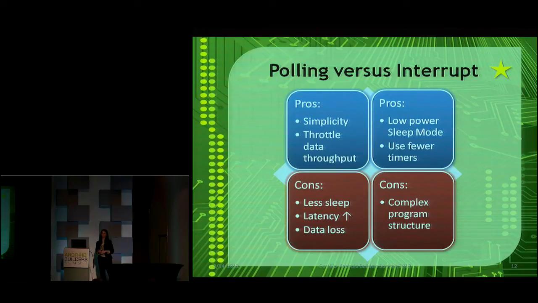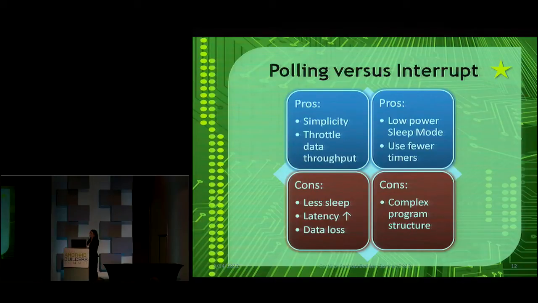Cons are you're going to have to manage your sleep processes more frequently. You have to figure out that strategy. Your latency is going to go up, and you might be losing data. Because of the latency and data loss issue, you will be checking the error registers on your sensors more frequently to see if there's an overrun or other type of error.